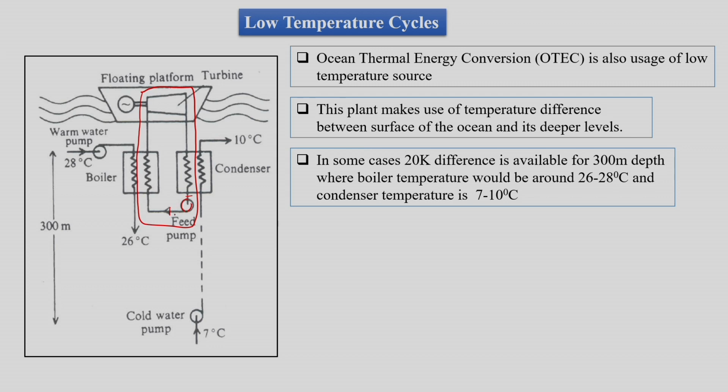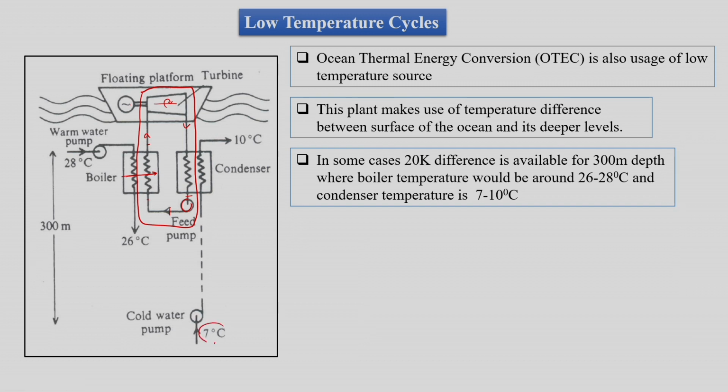Refrigerant is pumped from low pressure to high pressure, then heat is added into the refrigerant in the boiler, where the boiler is comprised of water taken from the surface of the sea, and that surface sea water gives heat to the working medium of our Rankine cycle. Then it passes into the turbine and rotates the turbine and the generator to generate electricity, and then the turbine's exhaust is given to the condenser.